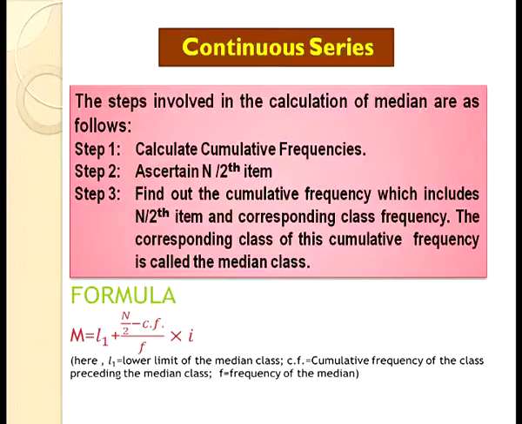Now the formula to compute median is: median equals lower limit plus (n by 2 minus cumulative frequency) divided by the frequency of the median class, into i. Here, this cumulative frequency is of the preceding class, the previous class, and i shows the class interval gap. Let's see with the help of a question how we are going to compute median in case of continuous series.